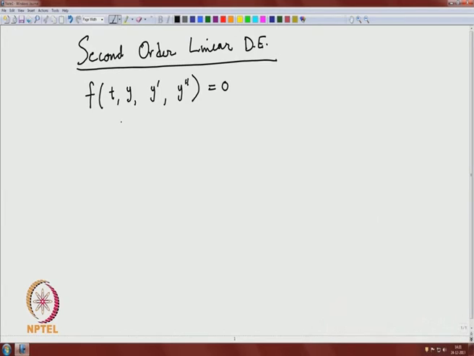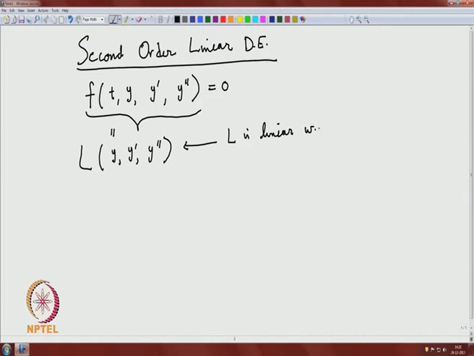But what we are going to see is that, as in the first order case, if you treat this as a function L of y, y prime, y double prime, then we demand L is linear with respect to all these variables, y, y prime, y double prime.